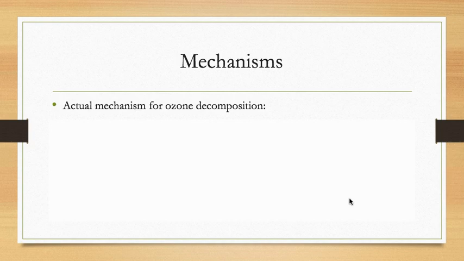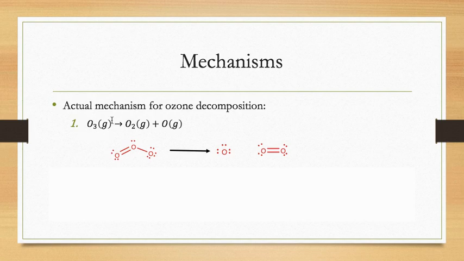What actually happens is there's two steps to this process. In the first step, we have one ozone molecule that breaks apart to form an oxygen molecule and leaves one oxygen atom by itself. It's represented here a little more graphically, showing you the Lewis structures below. This oxygen atom, as you might imagine, we talked about oxygen doesn't usually occur as just oxygen atoms.